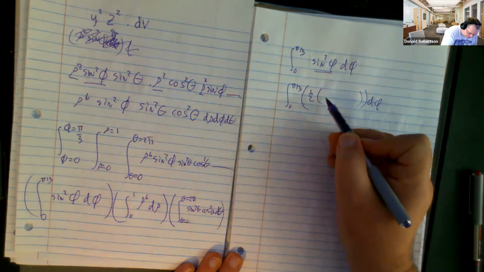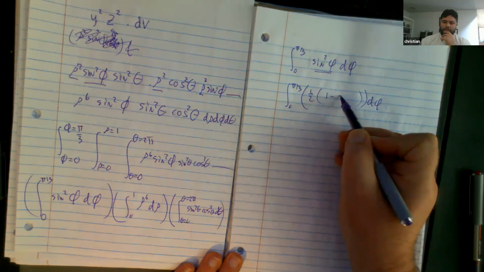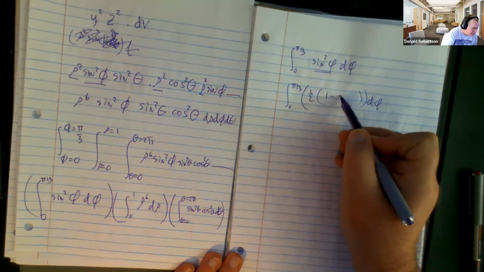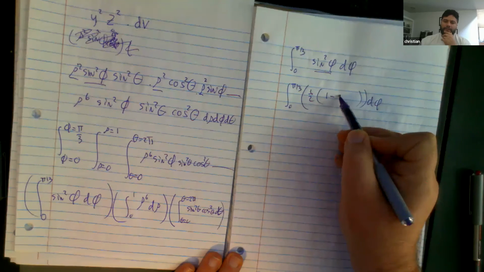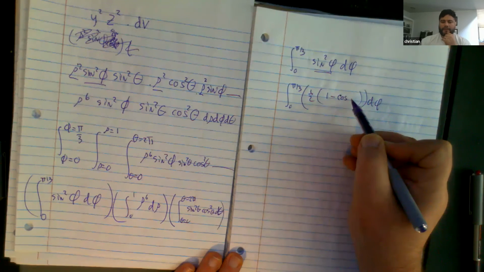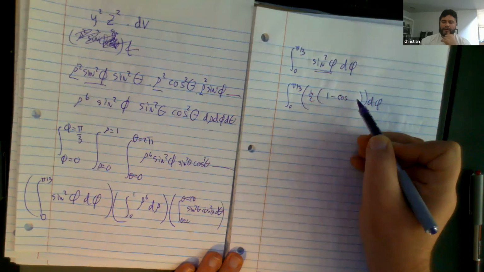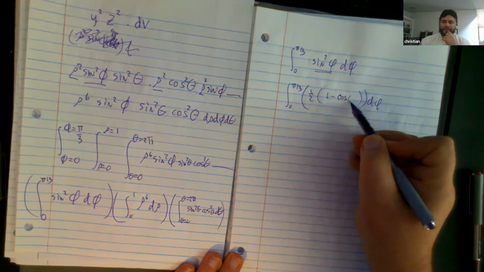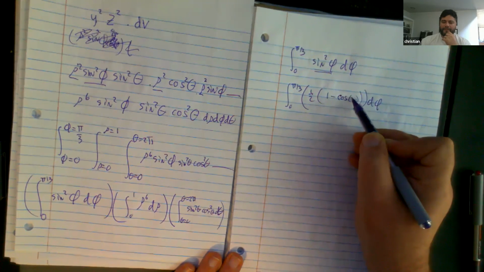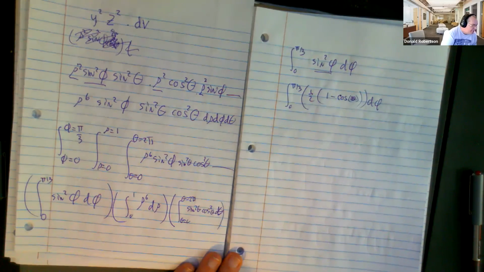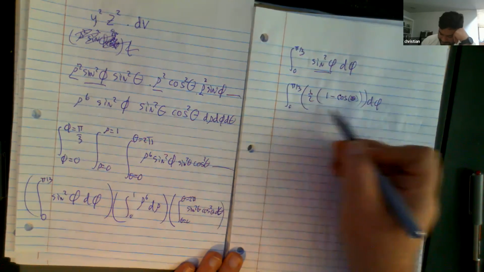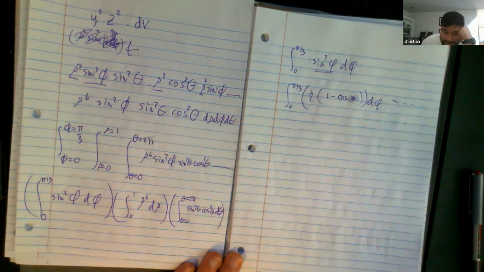Is it 1 minus cosine of 2 theta? Yes, 1 minus cosine 2 theta. Yeah, that one. Right. Can I say ugly but doable now, right?